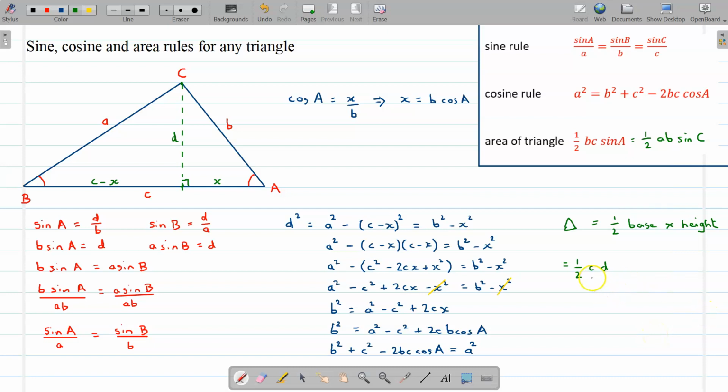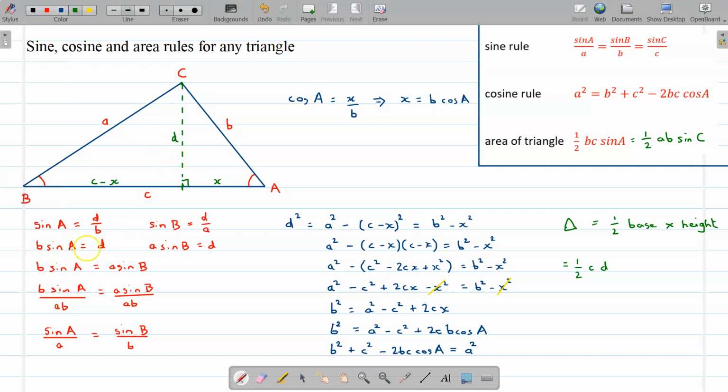But if you look at what we did earlier, so I'm taking you across to here, we said that d is the same as b sine A, didn't we?